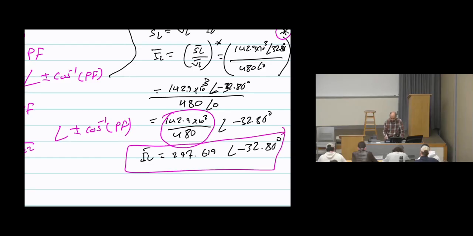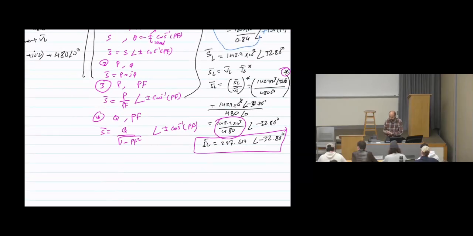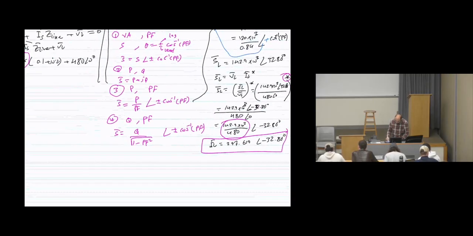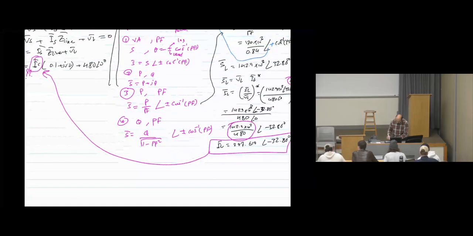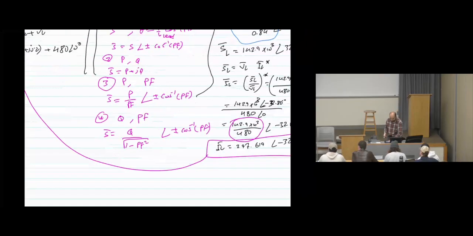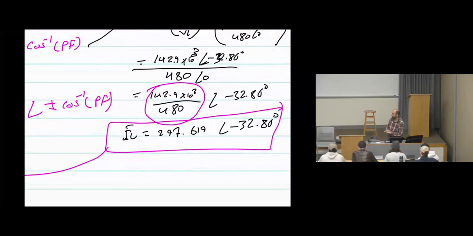Now since I calculated I load, I'm not done yet because I need to calculate V, the voltage source. So I'm going to use this result and substitute it here in the KVL that I did. Okay? Let me give you a few seconds to write this expression, then we're going to move to substitute I source.